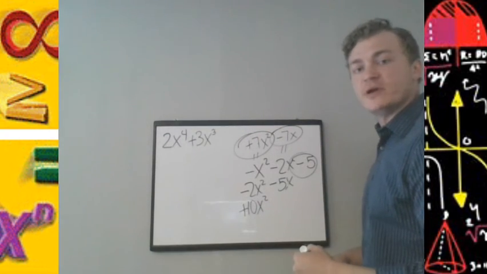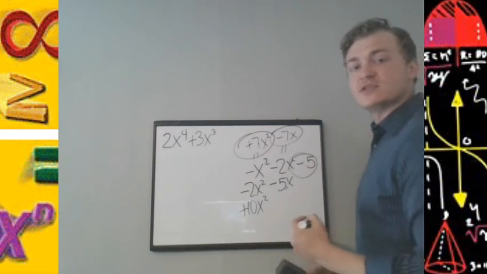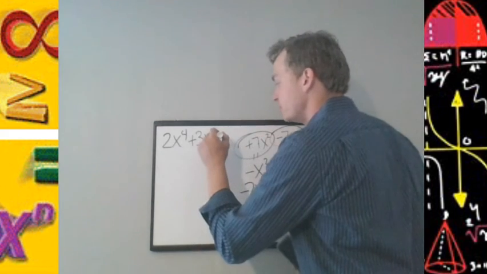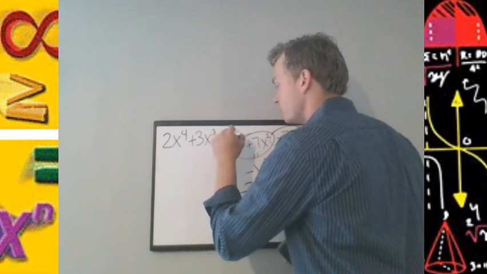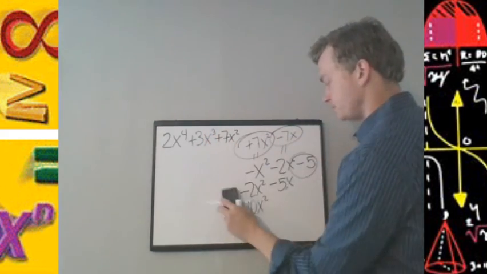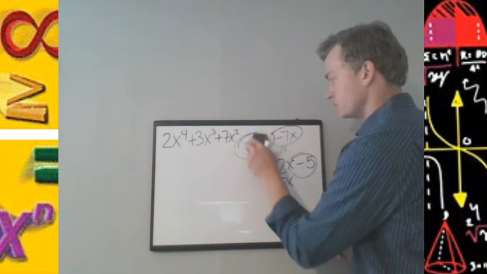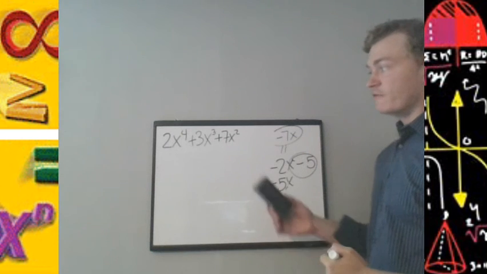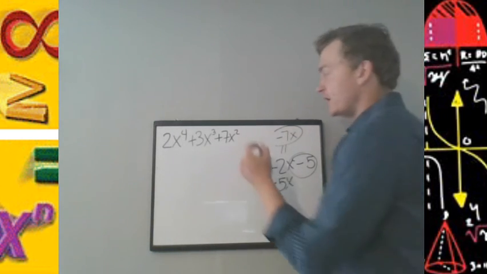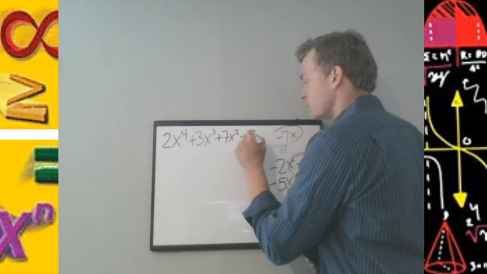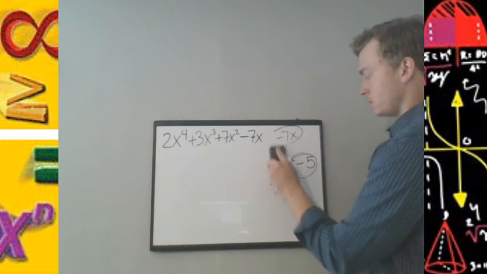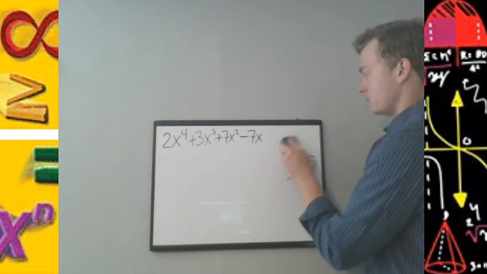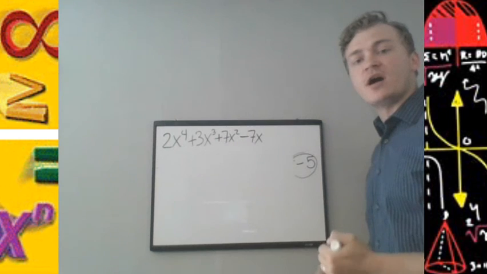The third term here, positive 7x squared, or plus 7x squared. The fourth term, minus 7x. And the last term, because it's our constant, minus 5.